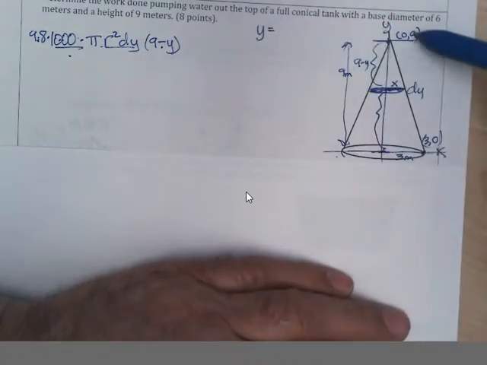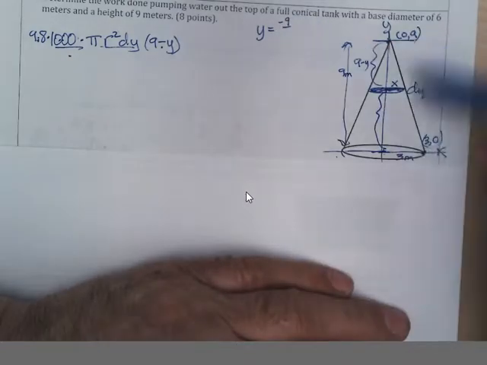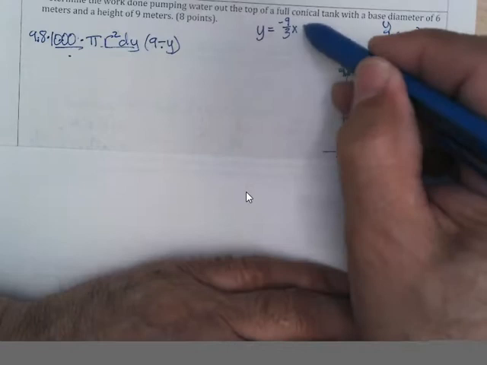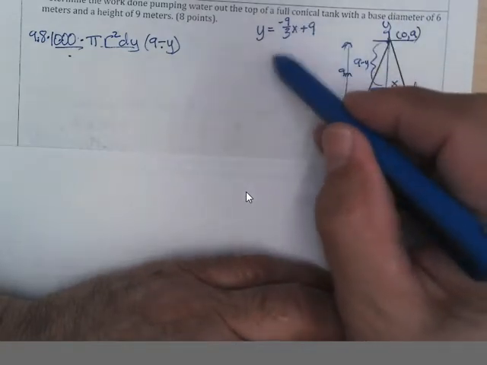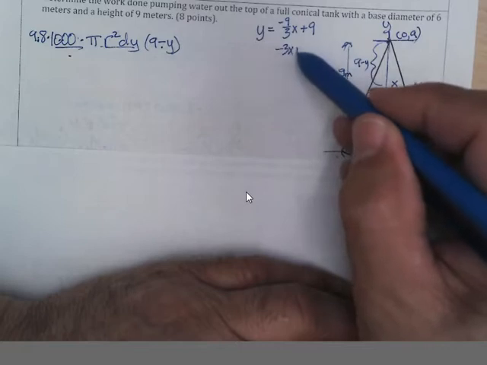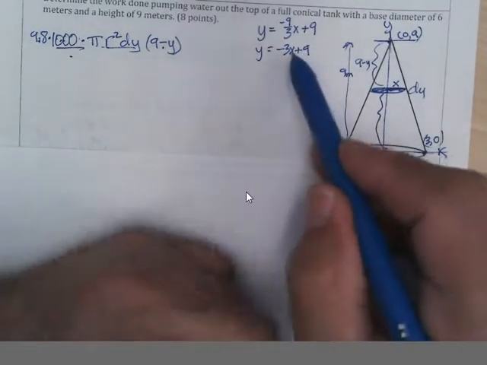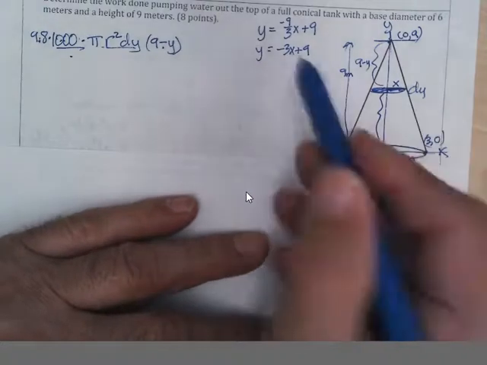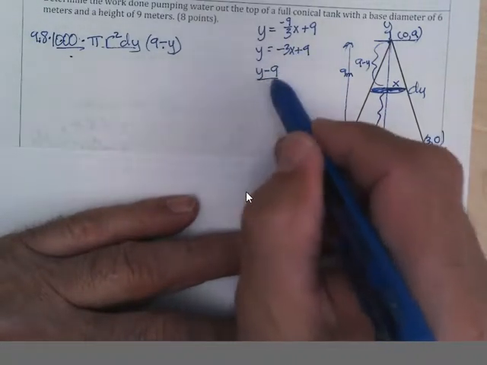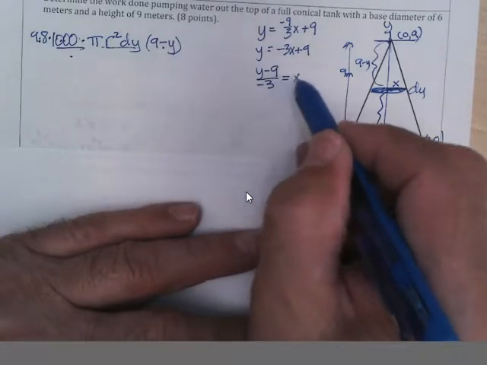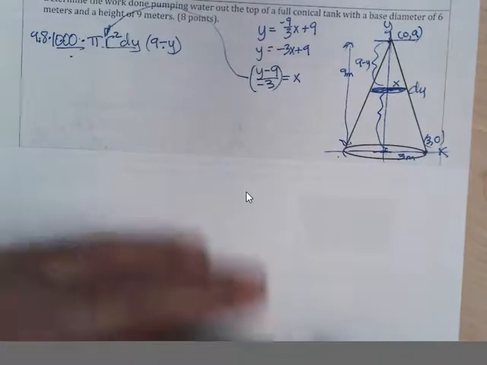The slope is minus 9 over the change in x, which is plus 3, and the y-intercept is 9, and minus 9 over 3 is minus 3, so y = -3x + 9. But I need to solve for x, so I'd subtract 9, so I get y minus 9 divided by negative 3 is x, and that's what I'd have to square and put in for the r.